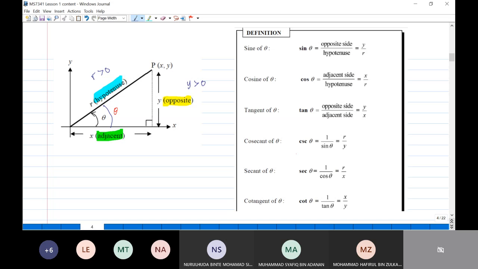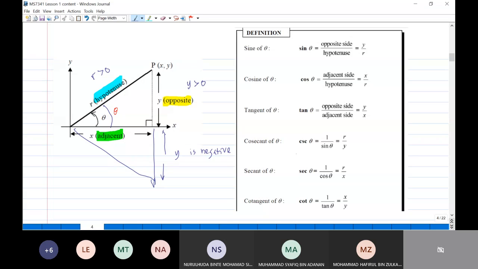If you draw it upwards, y is positive. If y is somewhere here, then your y is negative now. So y can be positive or negative, depending on where the y is.